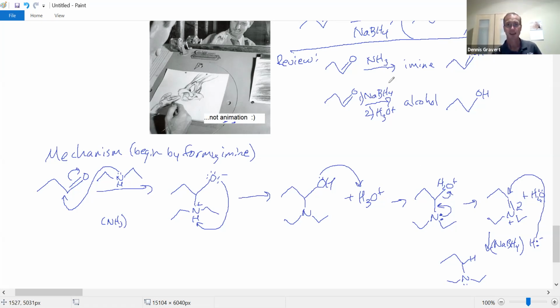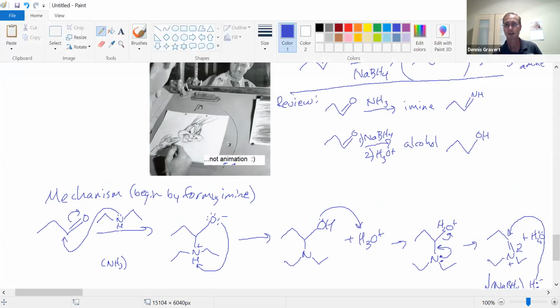Nice. And if you want to see how to make a secondary amine, the mechanism, all you do is remove one of these carbons and add a hydrogen. And by doing that, you now have the mechanism to make a secondary amine.